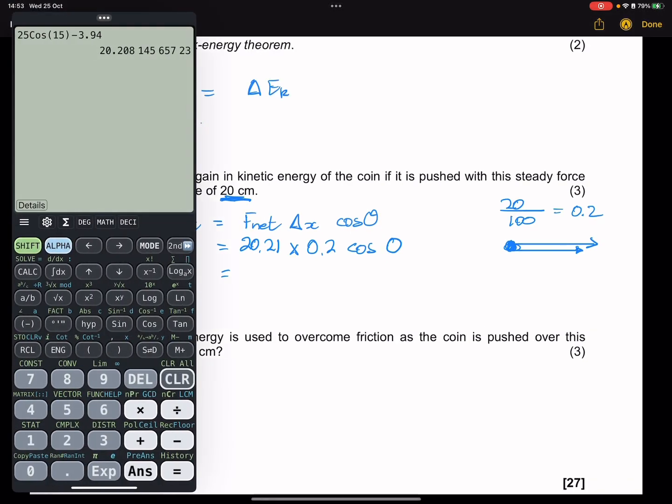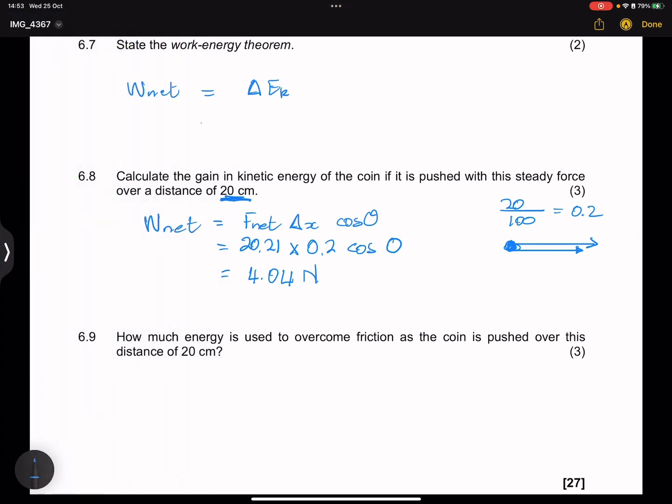Right, so let's quickly have a look at it. So that's 20.21 multiplied by 0.2, okay? And so that gives us 4.04 joules, sorry, not newtons, rather, joules. So this would be the gain in kinetic energy.